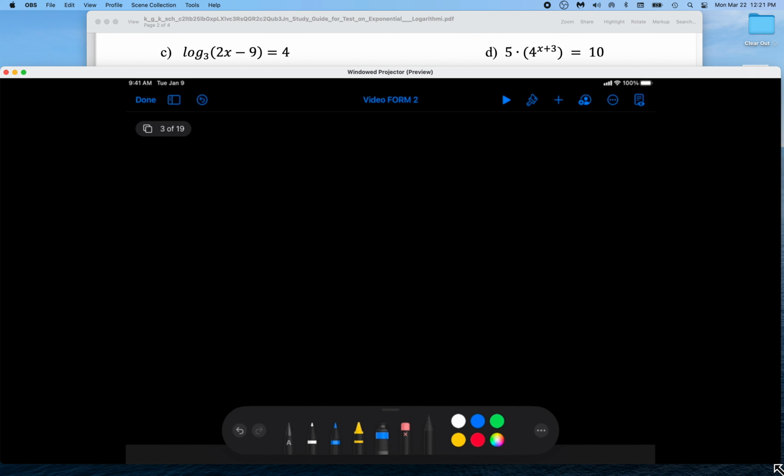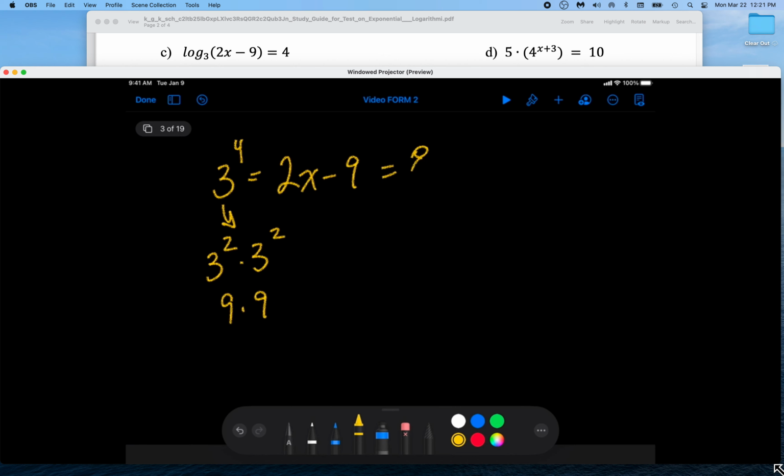So let's do that right off the bat. We're going to have 3 to the 4th is going to equal that argument, 2x minus 9. 3 to the 4th is going to be 3 squared times 3 squared, which is 9 times 9. That's going to be 81. And when you solve for x, you get x equals 45.